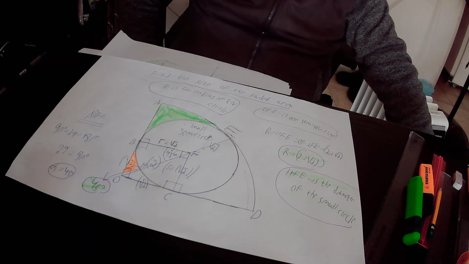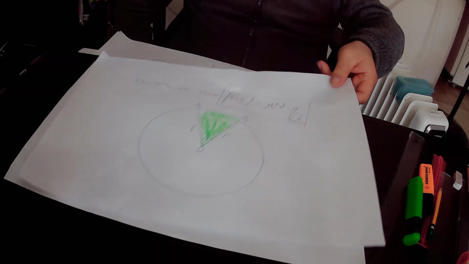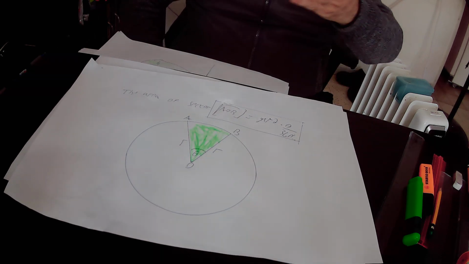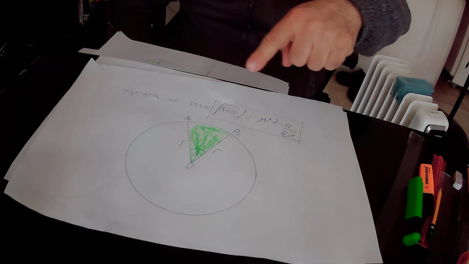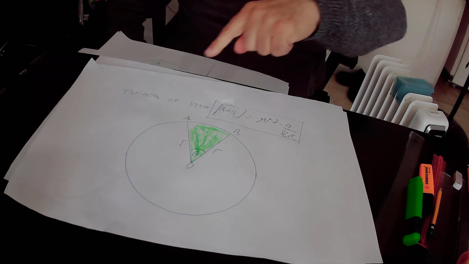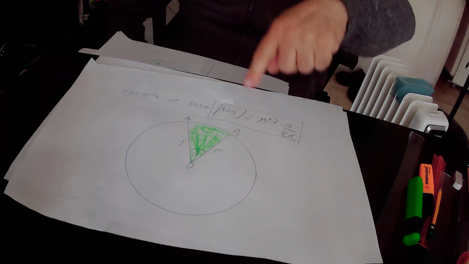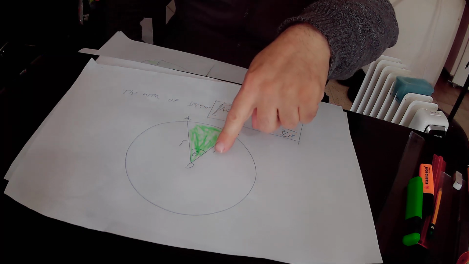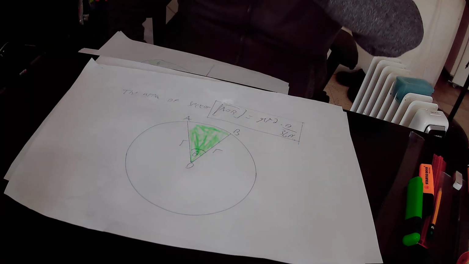Then I presented to you the notion of a sector. A sector is part of a circle. This is a circle and the green shape AOB is a sector. If we look at this circle as a cake, then the sector AOB is one slice of this cake.